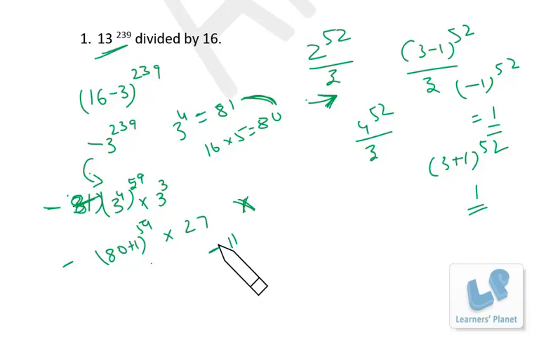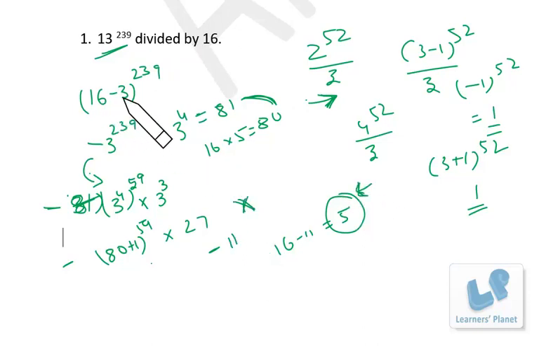We started with this big number, now we have got minus 11, meaning this expression when divided by 16 has remainder minus 11. We can convert this to a positive remainder, 16 minus 11, that is 5. So the ultimate remainder when 13 raised to 239 is divided by 16 is 5.